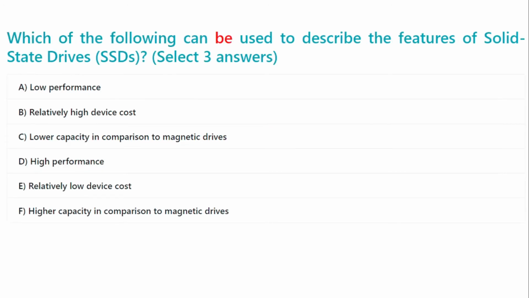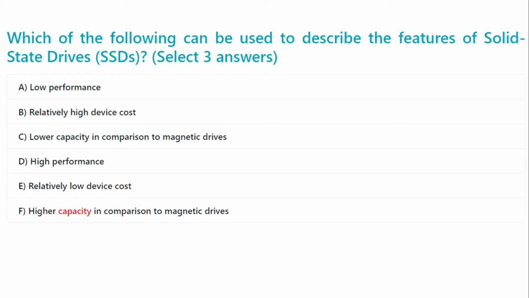Which of the following can be used to describe the features of solid-state drives, SSDs? Select 3 answers. A. Low performance. B. Relatively high device cost. C. Lower capacity in comparison to magnetic drives. D. High performance. E. Relatively low device cost.